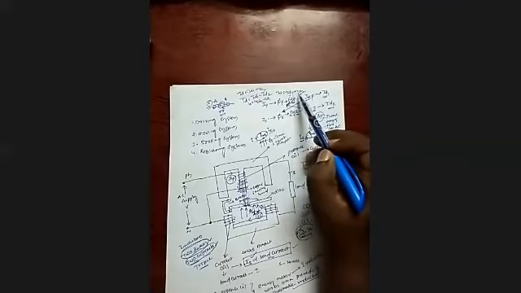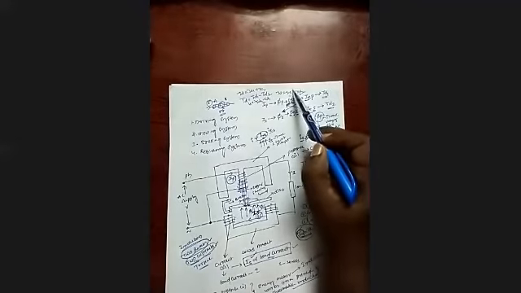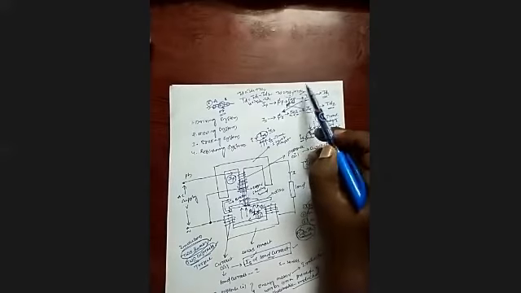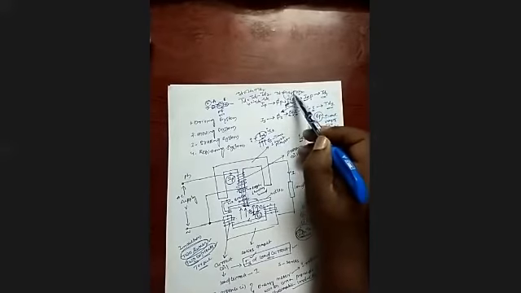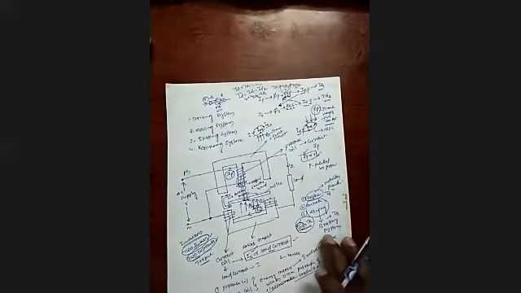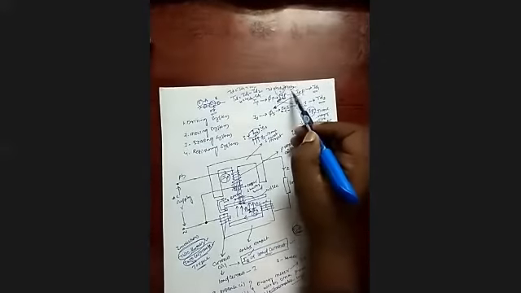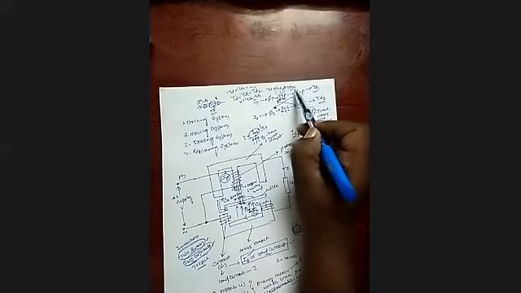Therefore, these two are acting. If TD1 is greater than TD2, then TD1 is responsible for the development of the deflecting torque in the energy meter. If TD2 is greater than TD1, the disc rotates in the TD2 direction.